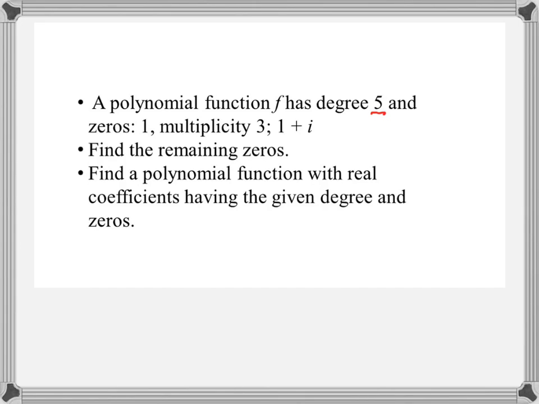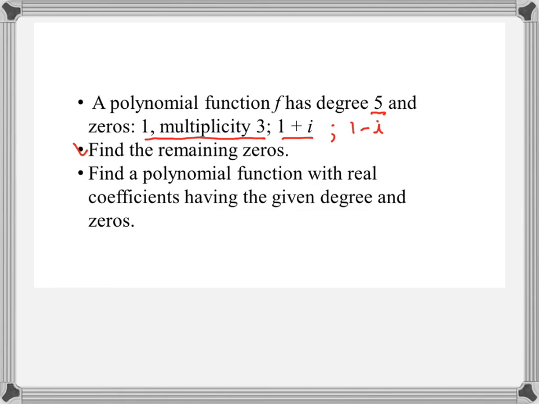Okay, so degree 5 means we have 5 complex zeros. We have 1, but it has multiplicity of 3, so that counts as 3 zeros. We have 1 plus i, and that's complex. It's our 4th zero, but we know we must also have the conjugate of that zero, so we must have 1 minus i, and that gives us our 5th zero. So those are all of our zeros.